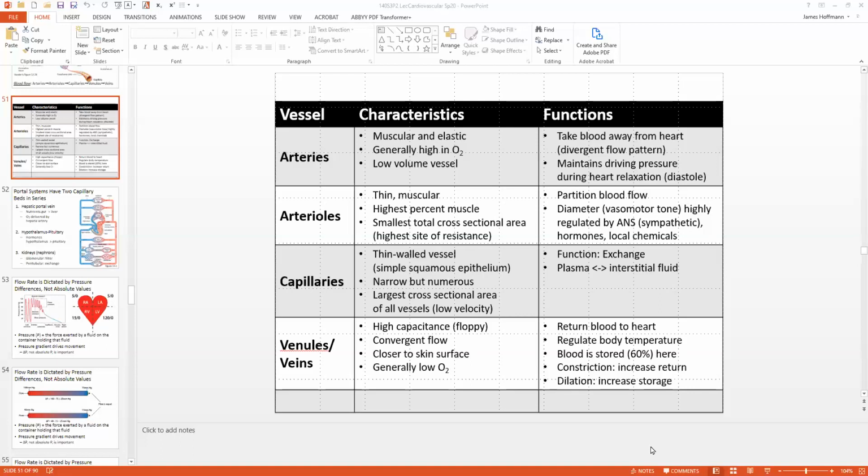And since only sympathetic branches of the ANS go to blood vessels, we don't have antagonistic control like we do with your heart. When you want to increase your heart rate, you can either increase the sympathetic or decrease the parasympathetic. But we don't have that in the blood vessels because we only have sympathetic. So if I want to dilate a blood vessel and the sympathetic wasn't on, there's no way to dilate it.